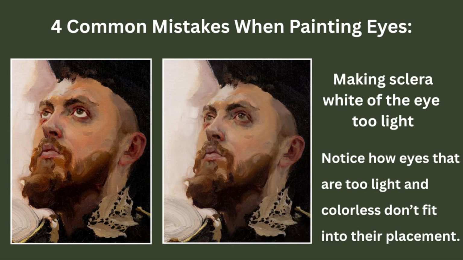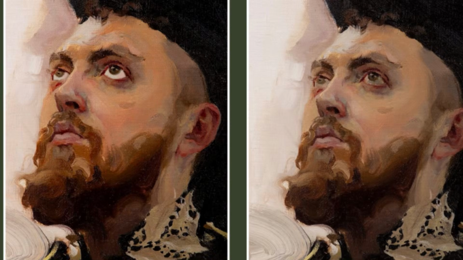Number 4, sclera too white or colorless. The white of the eye, sclera, is rarely pure white. Painting it too light or too colorless can make the eyes jump out of their place and feel disconnected from the color harmony of the face.